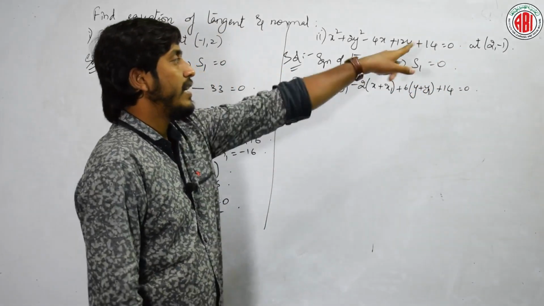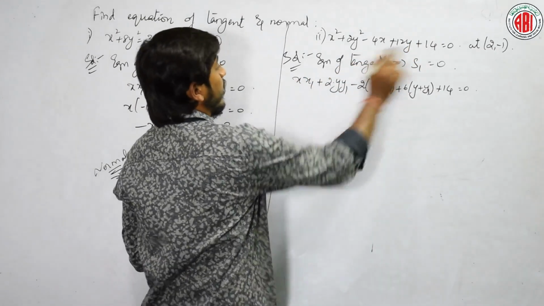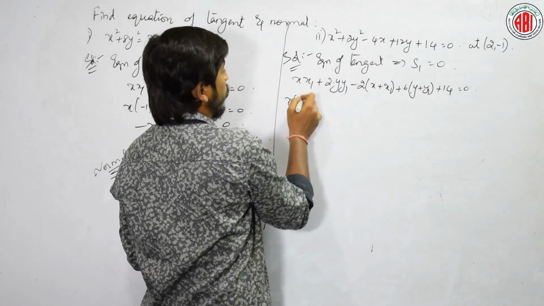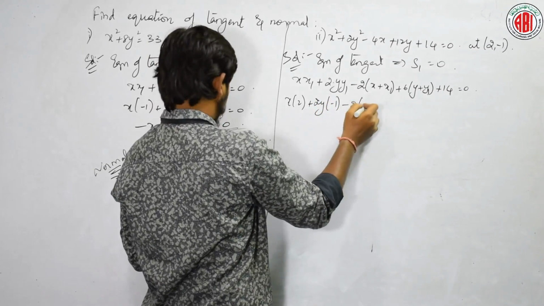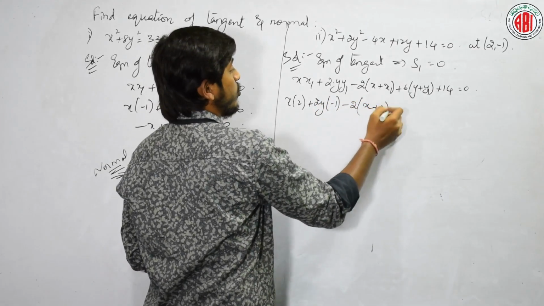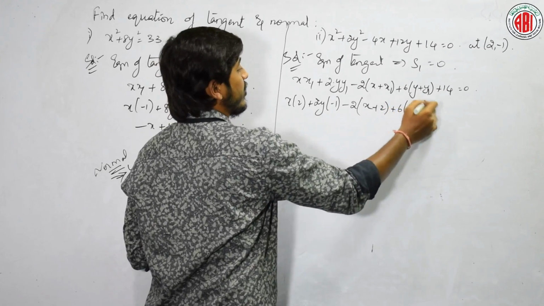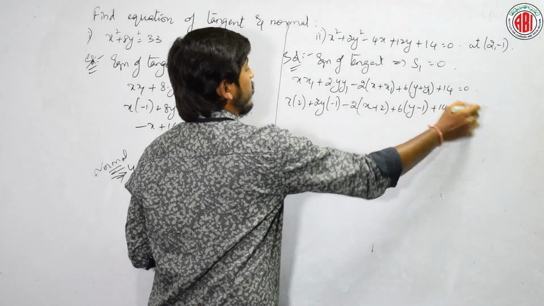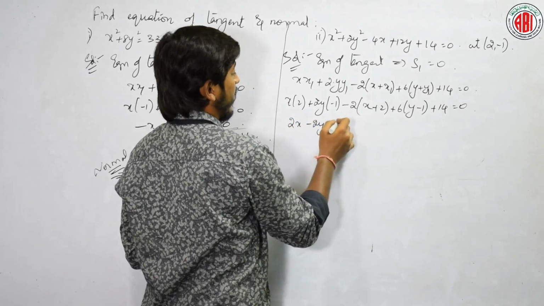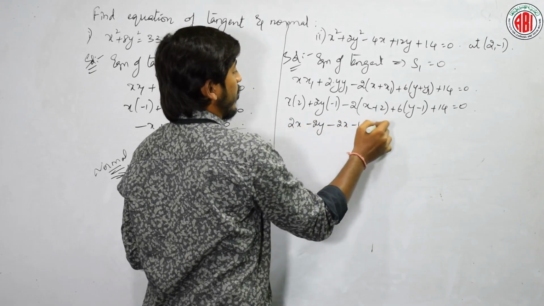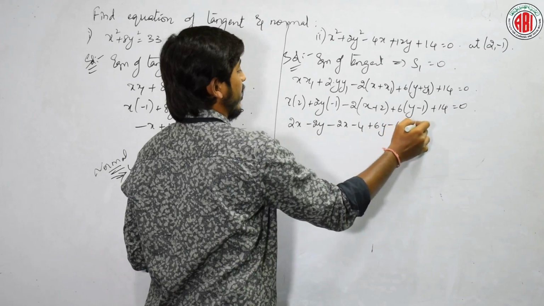Yes. Now, let us substitute the point here. This is x into 2 plus 2y into minus 1, minus 2 into (x plus 2), plus 6 into (y minus 1), plus 14 equal to 0. Let us simplify this. 2x minus 2y minus 2x minus 4 plus 6y minus 6 plus 14 equal to 0.